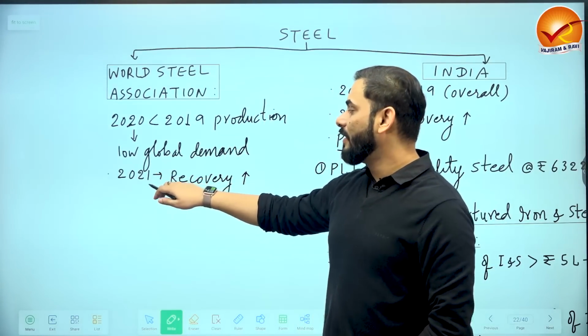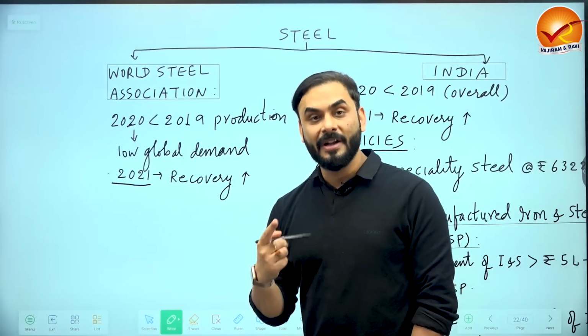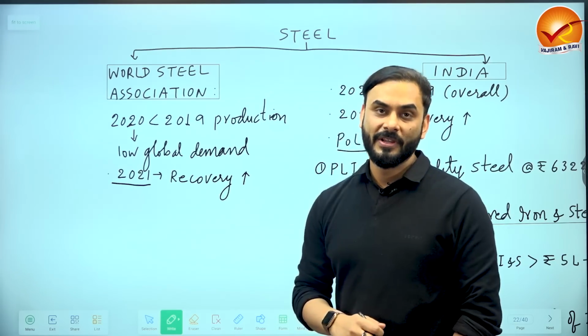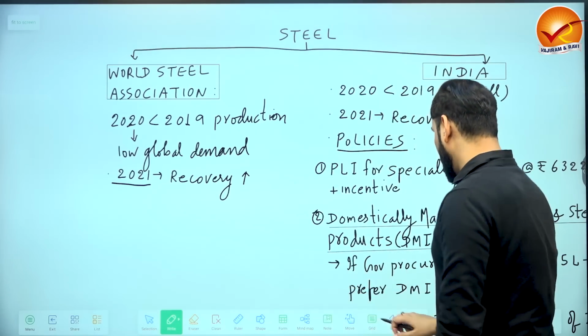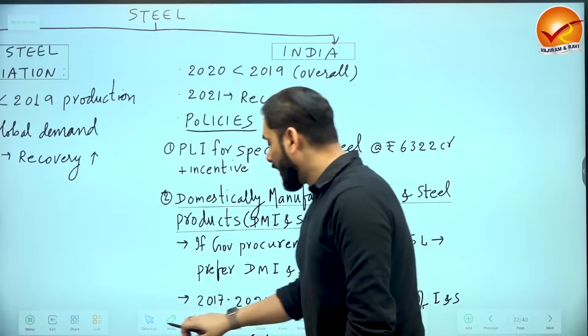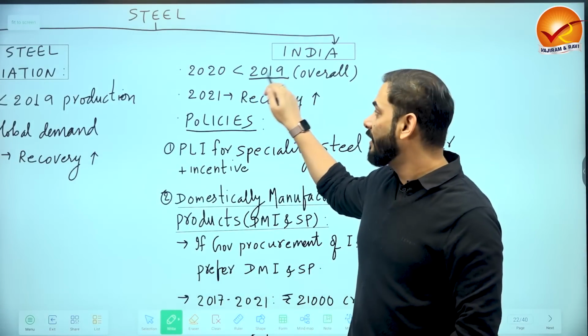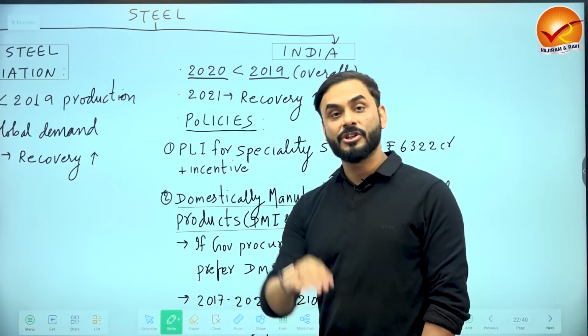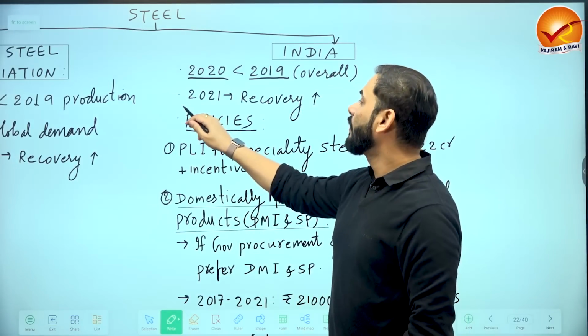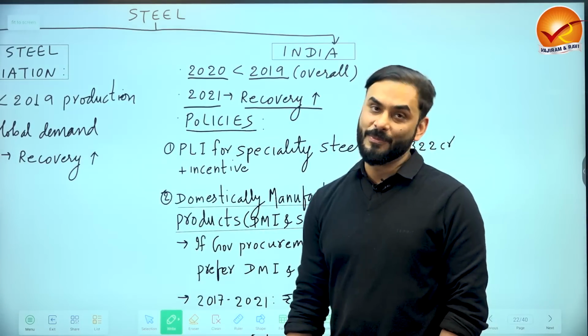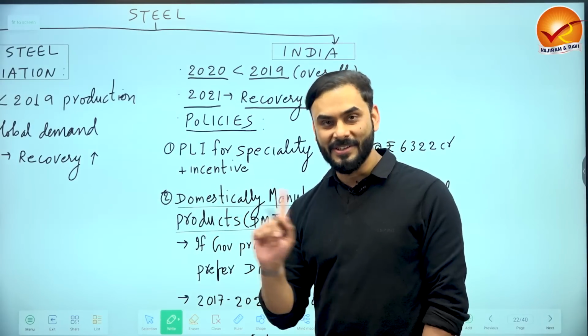In the year 2021, there is recovery in the demand for global steel. Similarly, if you talk about Indian steel, in the year 2019, India was manufacturing a good amount of steel. In the year 2020, our production of steel came down. In the year 2021, we are in recovery mode. All right, this is your steel sector.